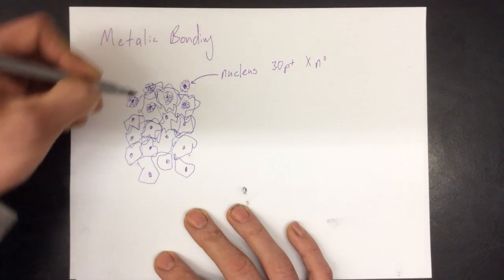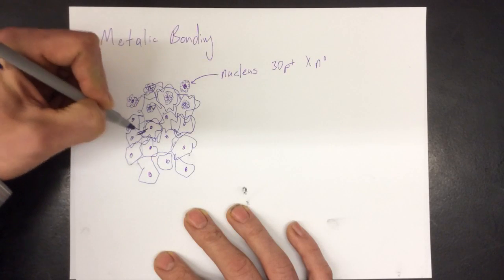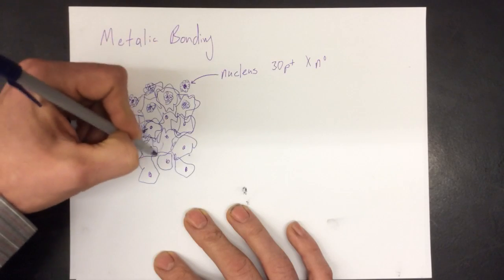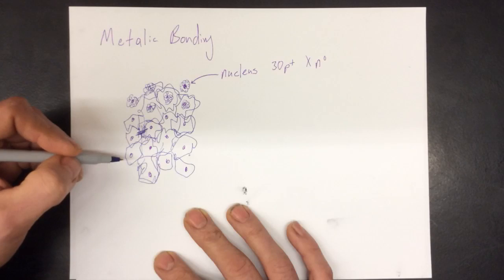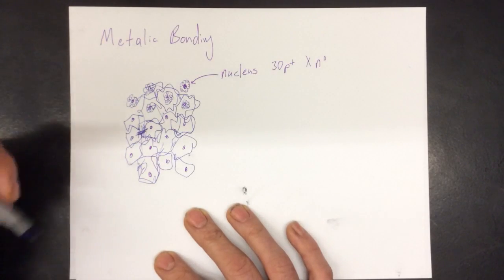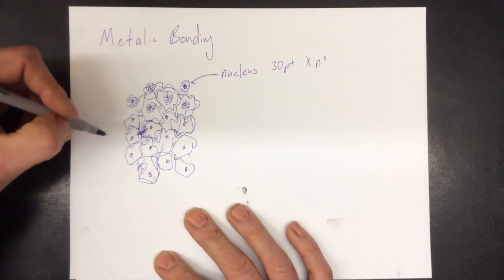It's not like this atom is bound to that atom like we would see in covalent bonding. No, that's not true. The electrons are shared over a much larger region of space, resulting in the metals being bound together. And there's a lot of properties that arise out of that.